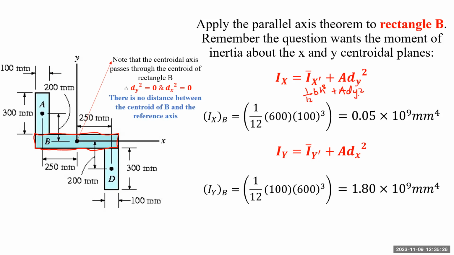But this is all for the B section. When you look at the B section here, your breadth is 600 and that height there is 100. So of course it gives you this section here.